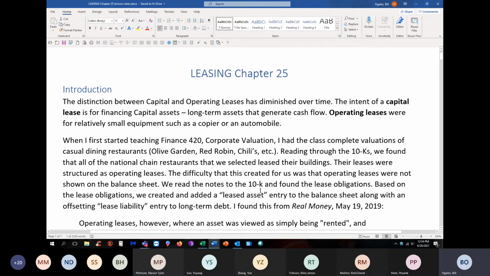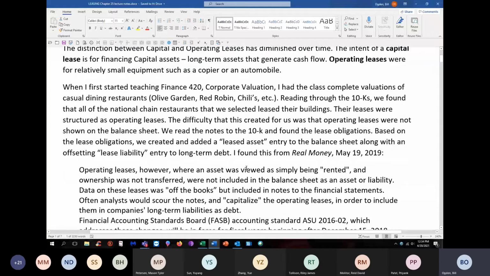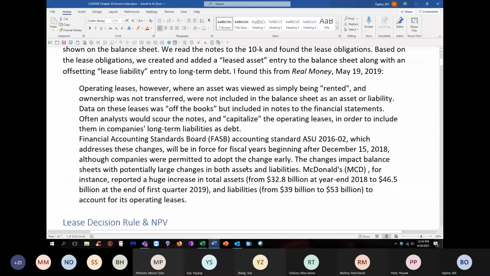So just at the time when the Financial Accounting Standards Board decided to require that the operating leases be shown on the balance sheet, I found this article in Real Money. It said that operating leases, however, were viewed as simply being rented and ownership was not transferred, so were not included in the balance sheet as an asset or liability.